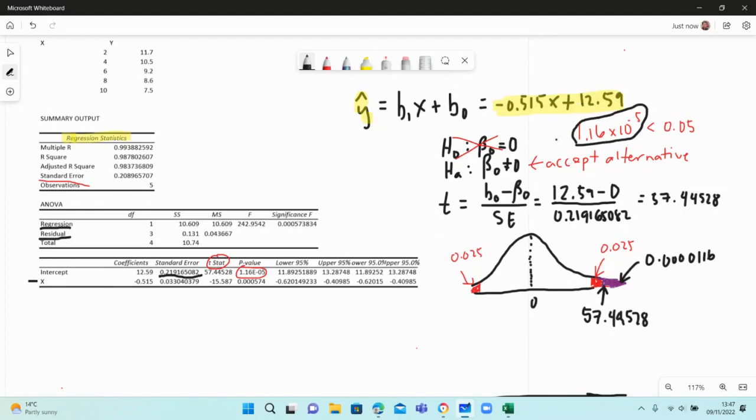Okay. And so this particular t-value exists in the rejection region of our test, and so we reject the null hypothesis.